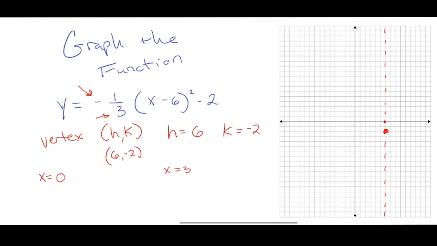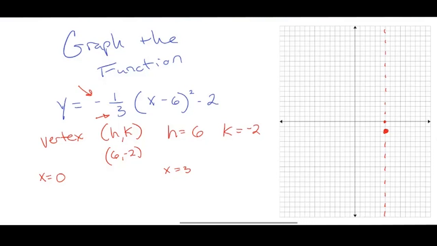Whenever you have a fraction that you're going to be multiplying something by, you're going to want to get rid of the fraction or at least simplify your process. So I would always try to choose x values for these that are easily divisible by the denominator of a fraction here. So I'm going to plug in 0.